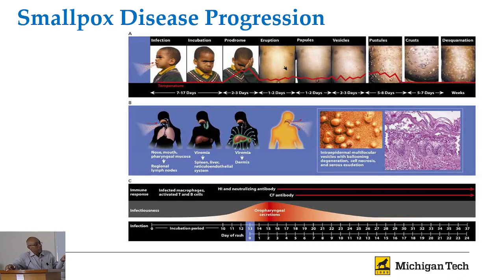Eruptions, papules, and then vesicles, and then you can see pustules, and then it becomes full of liquid, and then it becomes crusted, and then discoloration. It takes maybe a couple of weeks to reach this stage.